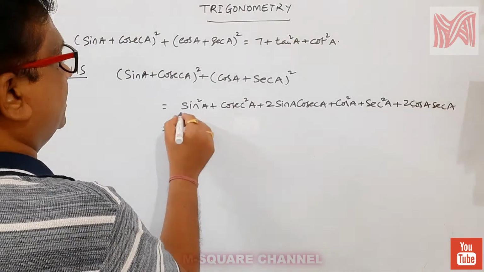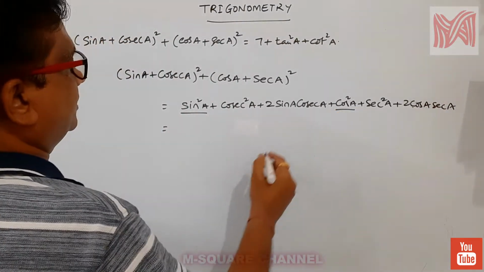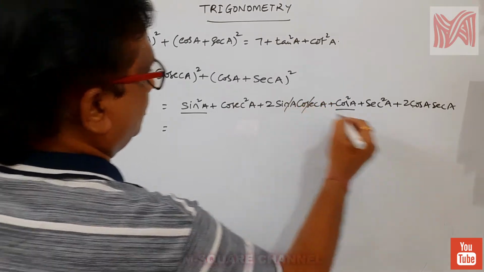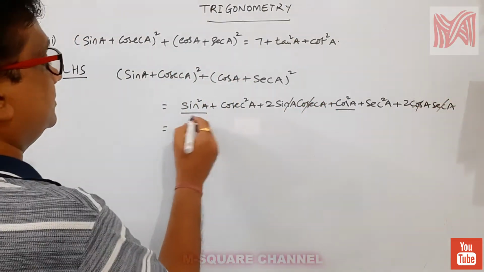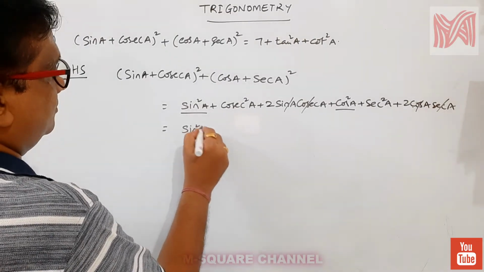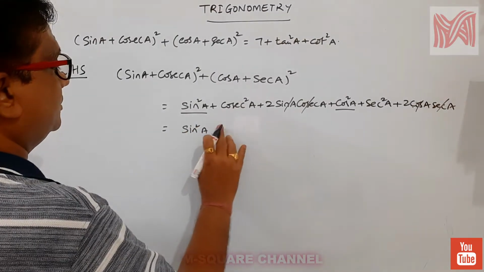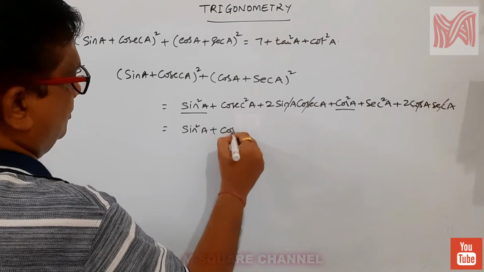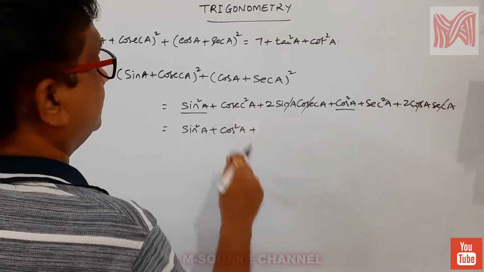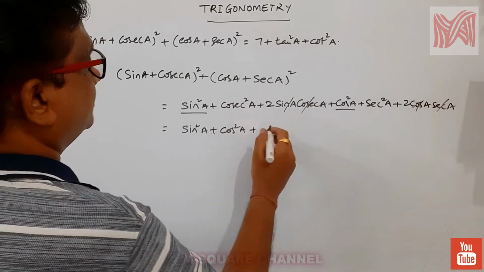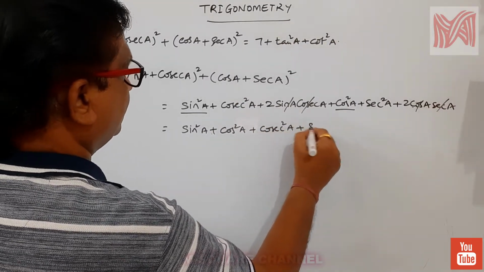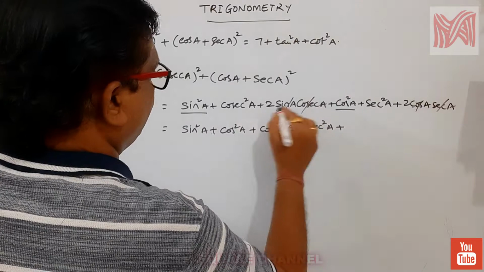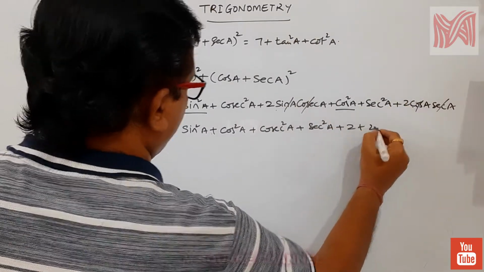Now the 2 sin A cosecant A is 2, because these two are reciprocals and cancel, and likewise the 2 cos A secant A is 2. Now you can write it like this: sin square A plus cos square A, plus cosecant square A plus secant square A, plus 2 plus 2.